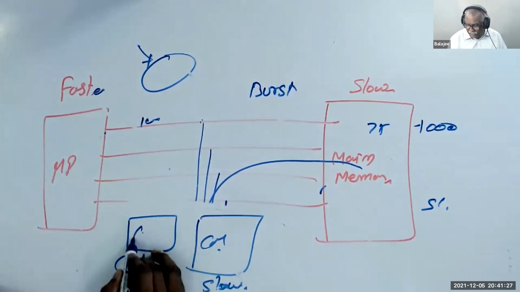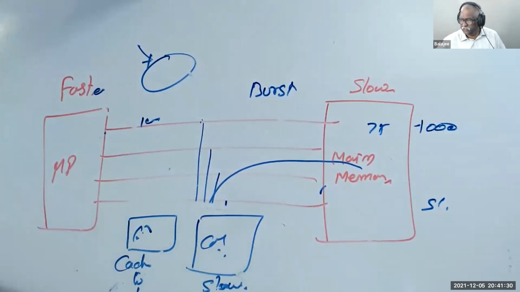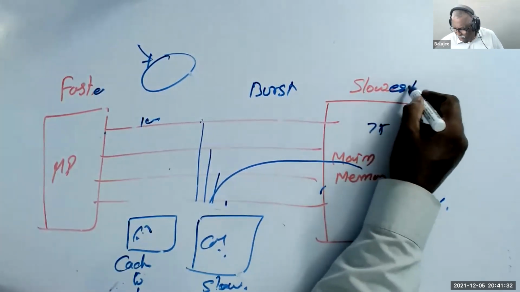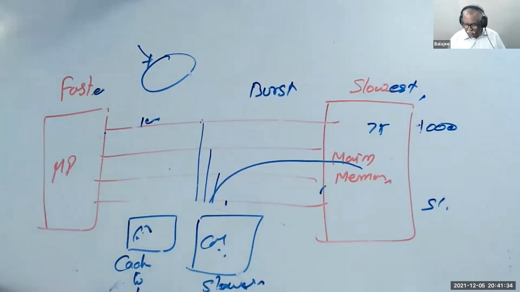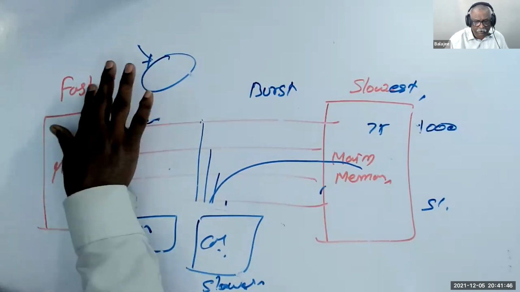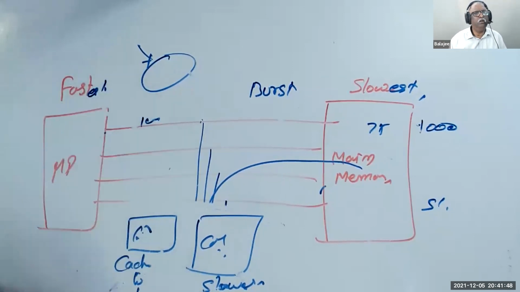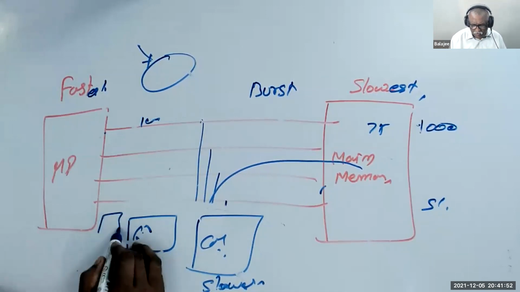This is faster than this guy. This is the slowest, this is slower, this is slow, this is fast. They found that the CPU still becomes the fastest and this cache becomes slower, so they put cache to cache.